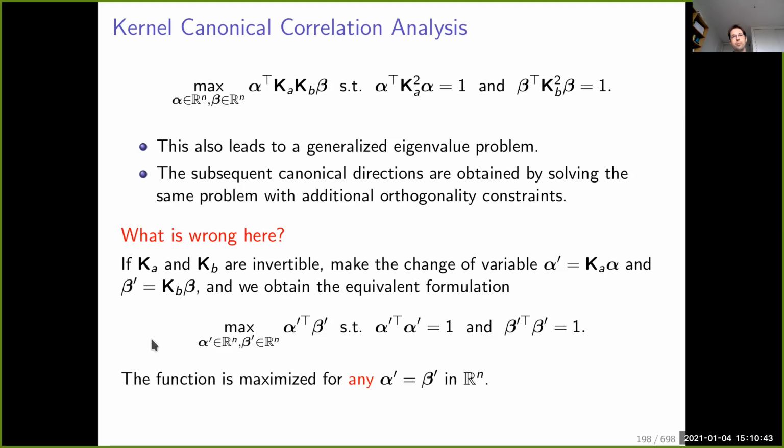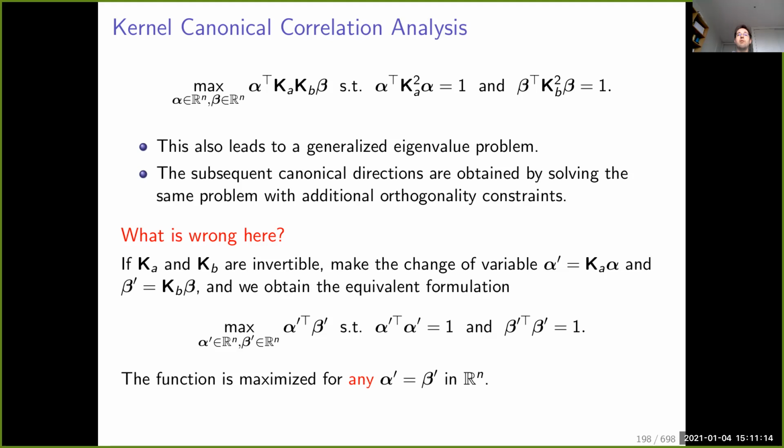Now, I'm telling you that this looks really wrong. Why? Because if I take any vector alpha prime, I can maximize this by simply selecting beta prime equal to alpha prime. So that means that the kernel canonical correlation analysis formulations admit an infinite number of solutions that are arbitrarily irrelevant.